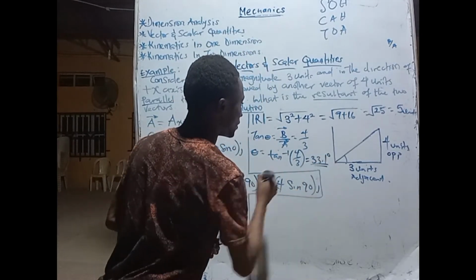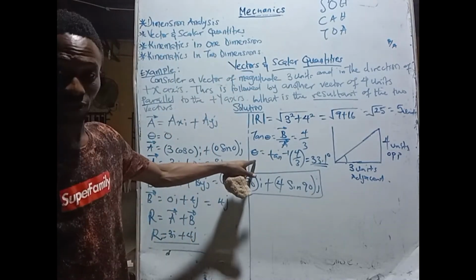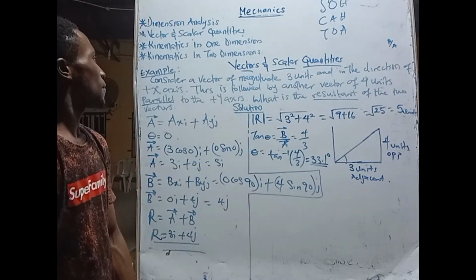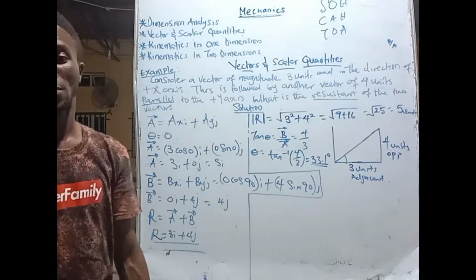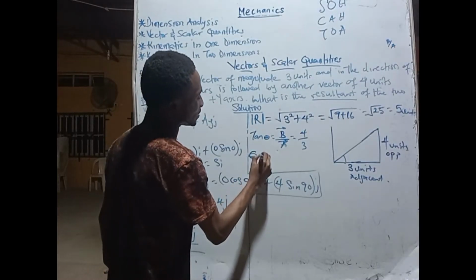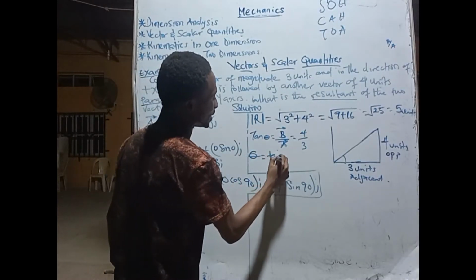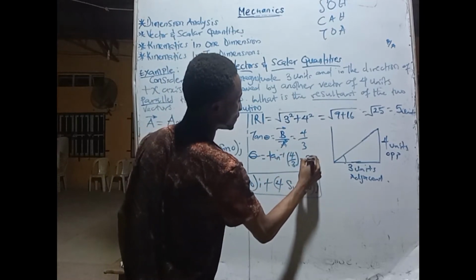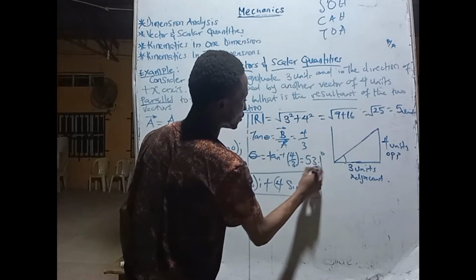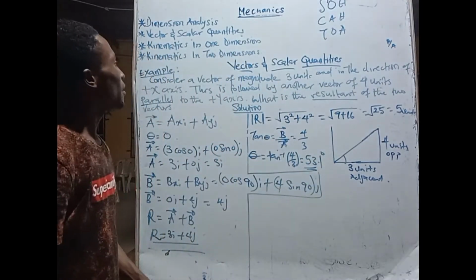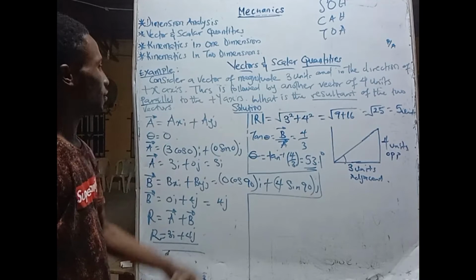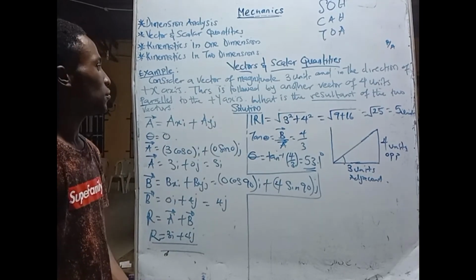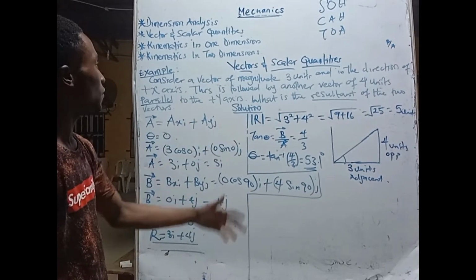Do you understand? So that's how we get our direction. So that is it on the magnitude of a vector and the direction of a vector.